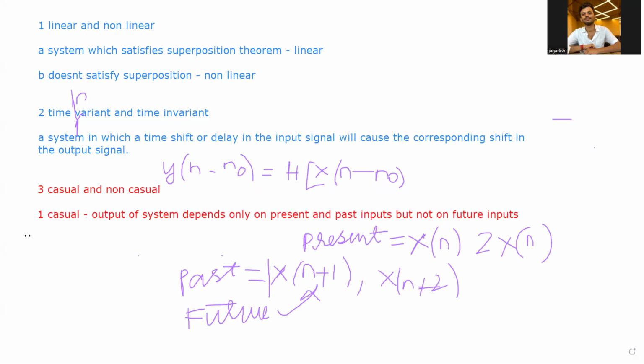What is the meaning of a non-casual system?